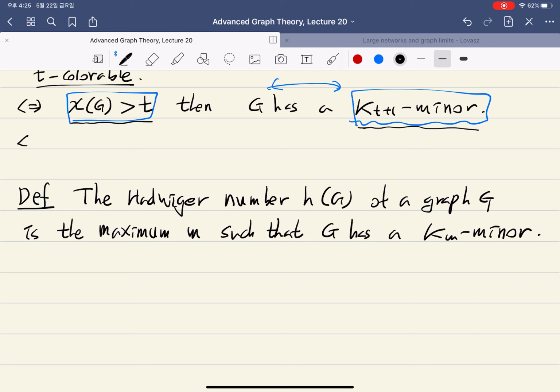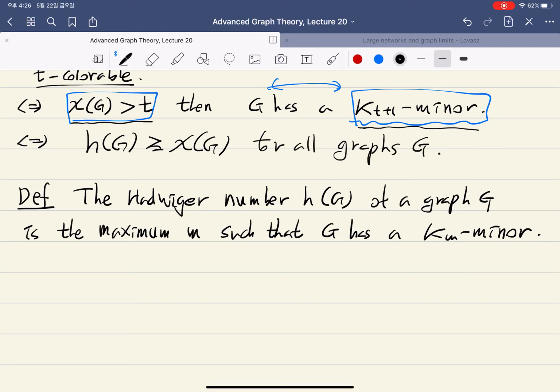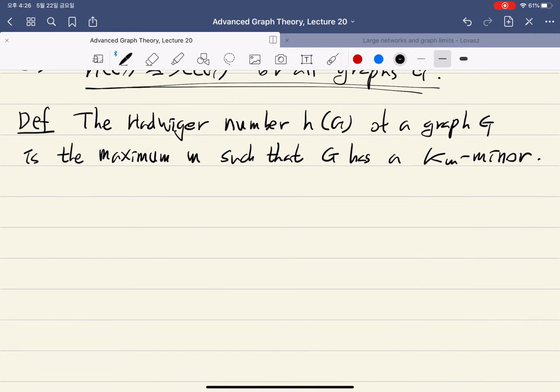So with this definition, we can simply write that the Hadwiger number is at least the chromatic number for all graphs G. So we want to prove this. But of course this is open.